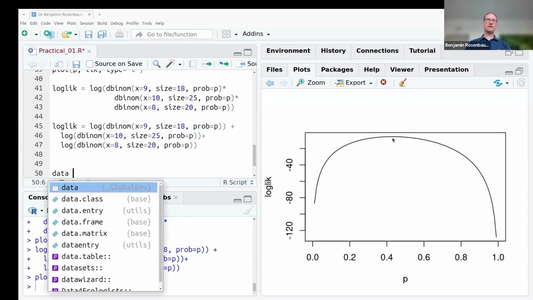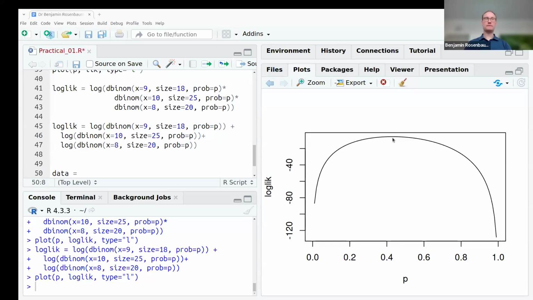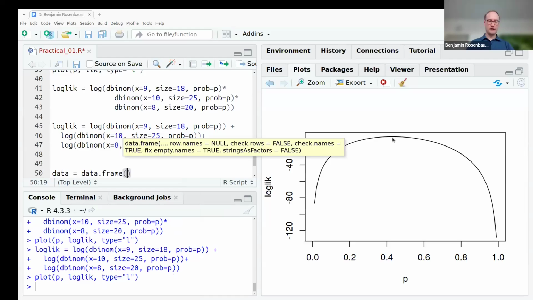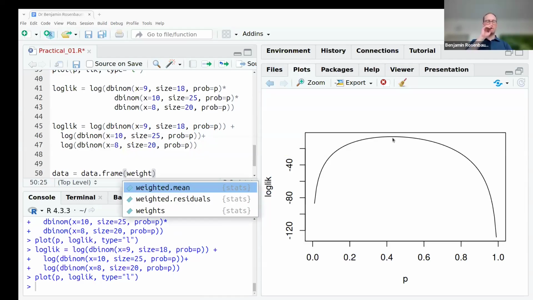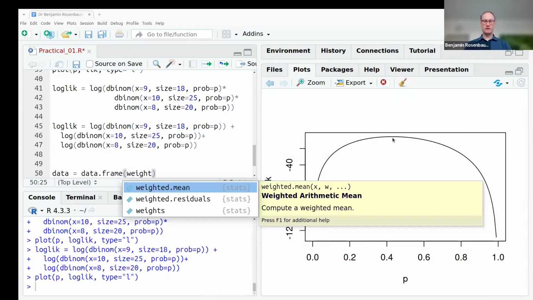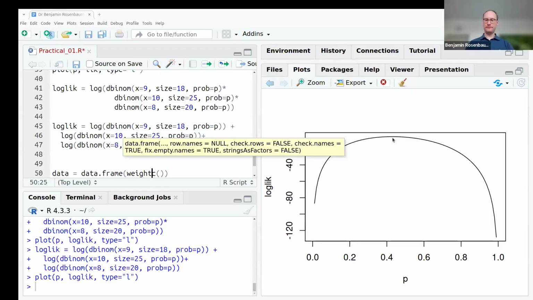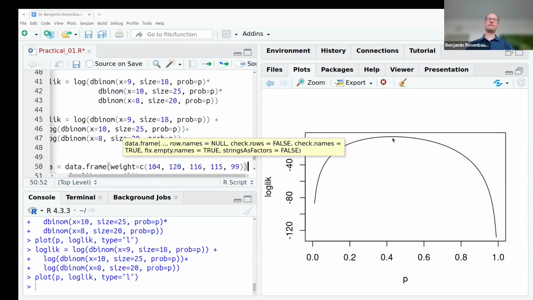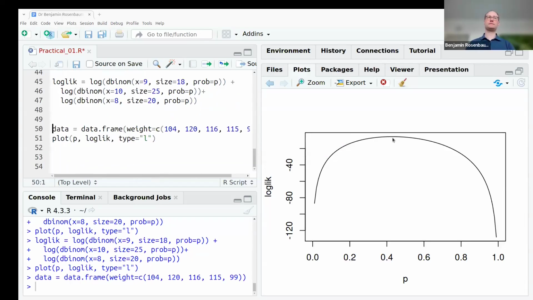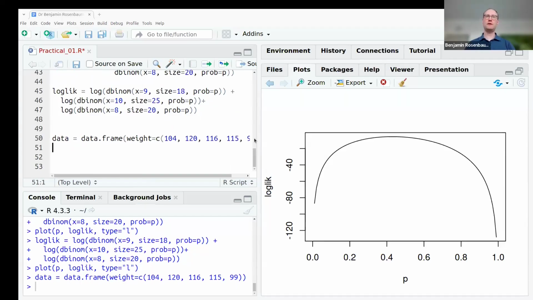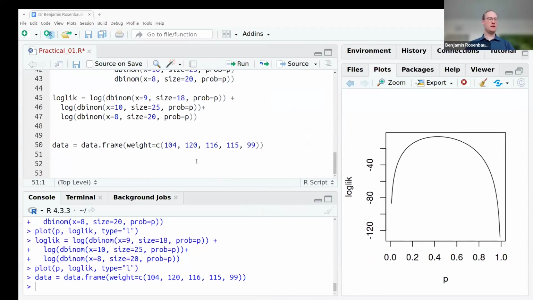So let's say we have some data observed: the body weight of, I think, a deer population. I will just make up some random numbers here. So we have a couple of data points.